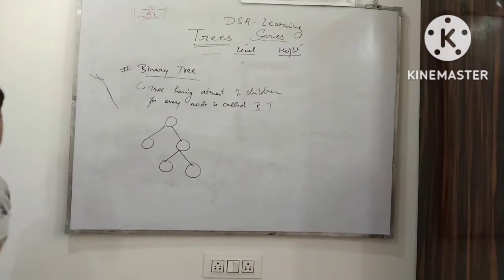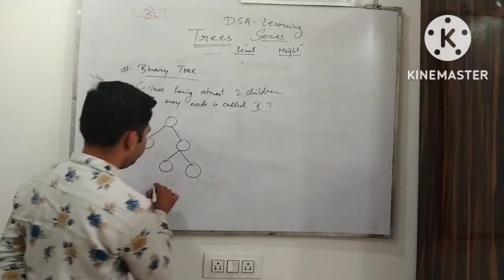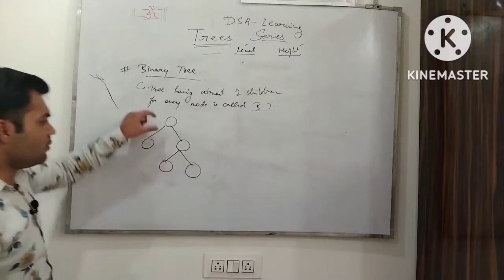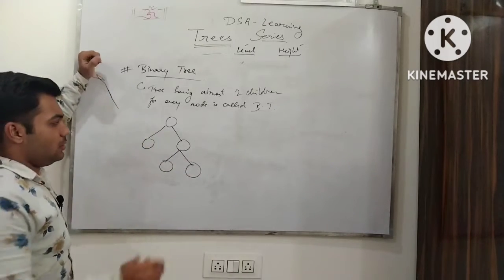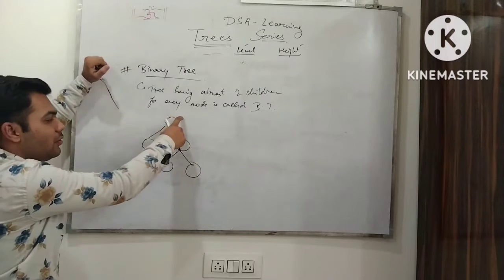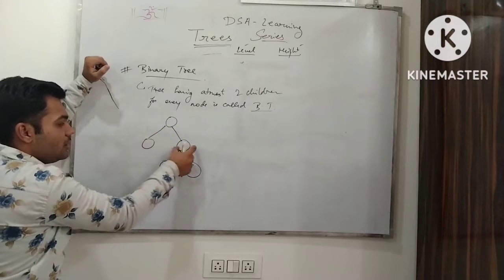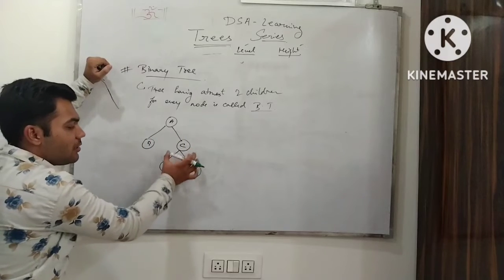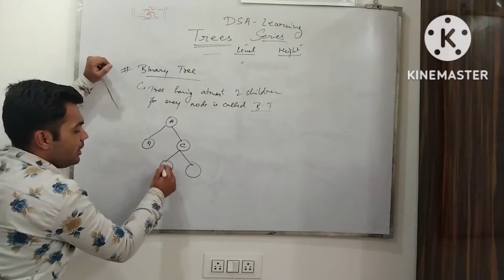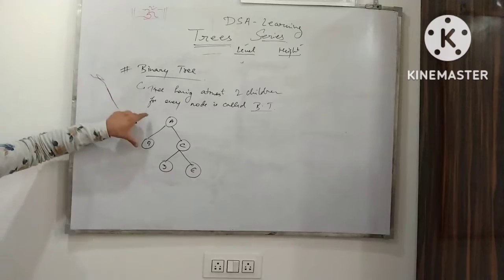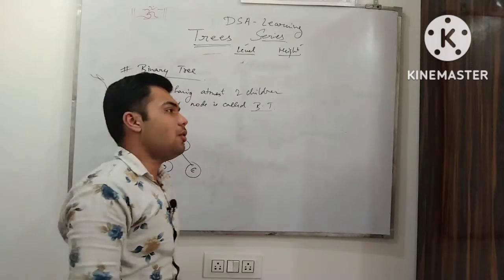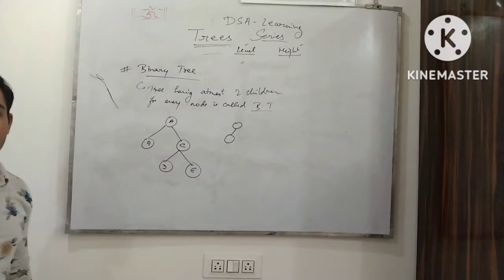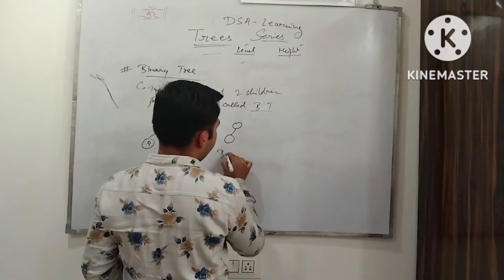What is an example of a binary tree? This is an example of a binary tree. Okay, why is it a binary tree? Because every node has at most 2 children. The parent node or the root node has 2 children, B and C, and C has the further 2 children, D and E. So this is an example of a binary tree. Okay, is this a binary tree? Yes, this is a binary tree. Why?